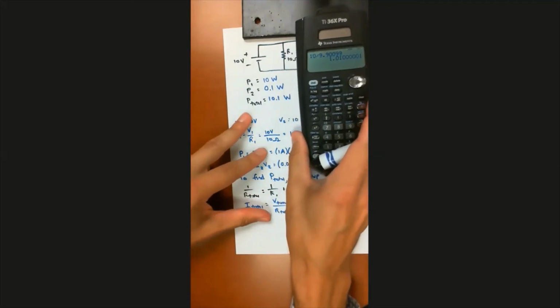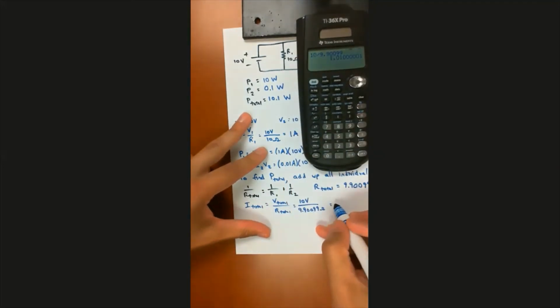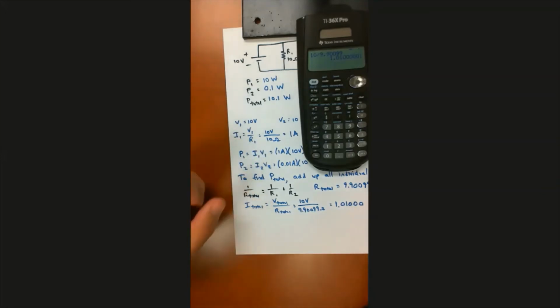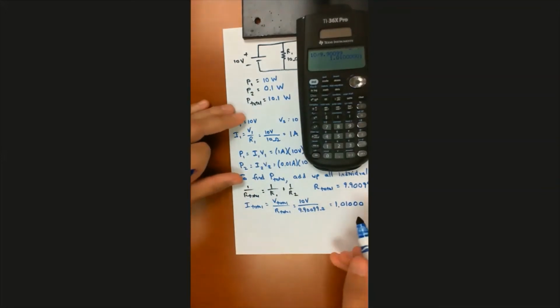All right, I'm not going to keep quite that many sig figs. 1.01. And then I kept 5 digits past the decimal before, so I'll do that same thing again. 1, 2, 3, 4, 5. All right. So that's good. That's my I total.